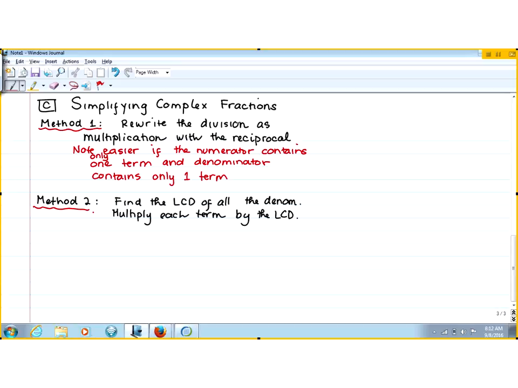So note, method 1 is easier only if the numerator contains one term and the denominator contains one term. Because otherwise, it's easier to use method 2. Complex fraction. So I'm thinking about something like this. X over y minus y over x divided by 1 over x squared minus 1 over y squared. So something like this.